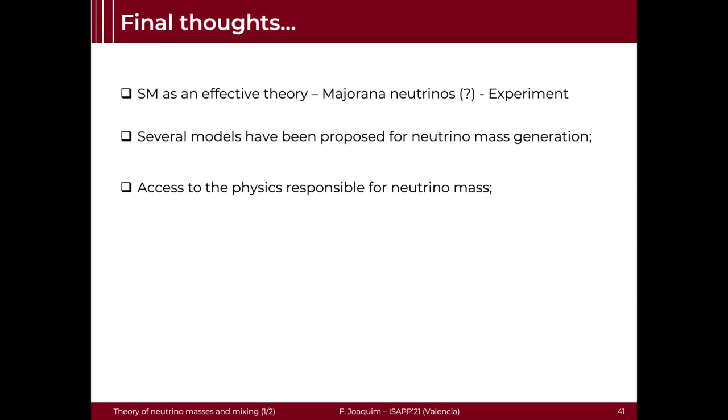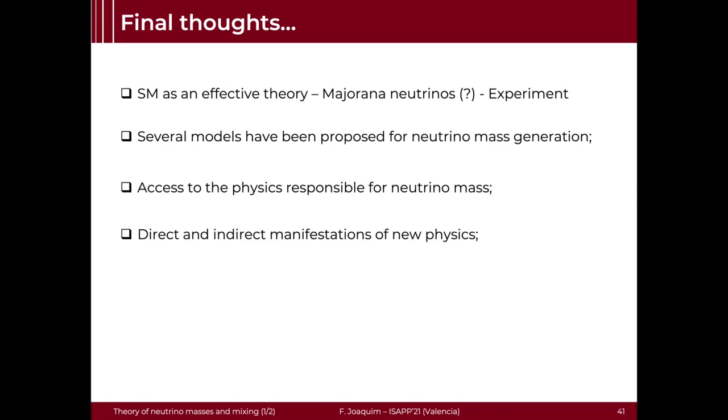But the vanilla versions of the type 1 and type 3 seesaw are not very natural if the neutrino masses are generated at low scales, or if the degrees of freedom that we are adding have masses which are not very far from the electroweak scale.